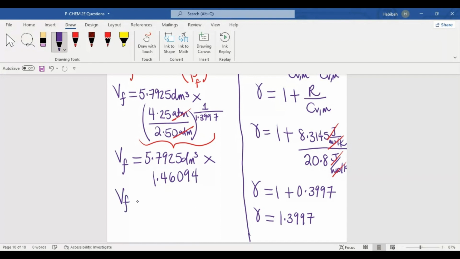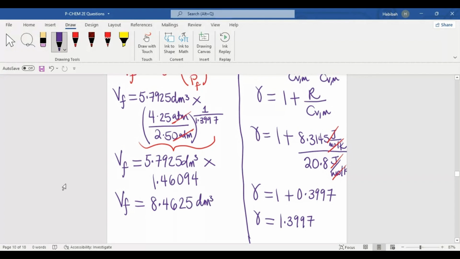When you multiply this by our initial volume, 5.7925 dm cubed, what you end up with is 8.4625 dm cubed. So that's basically the final volume.